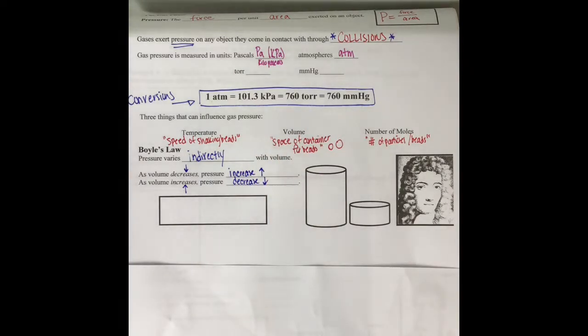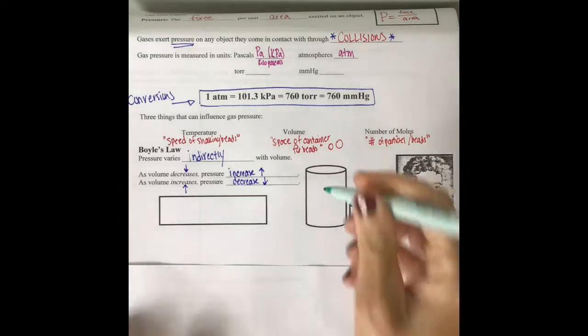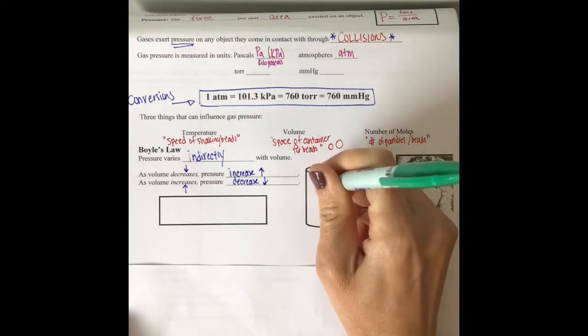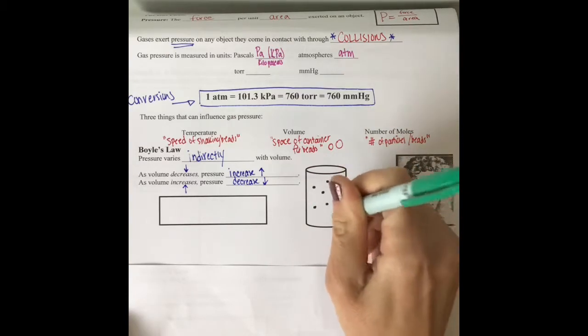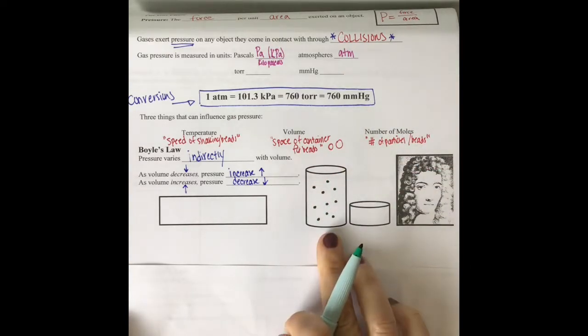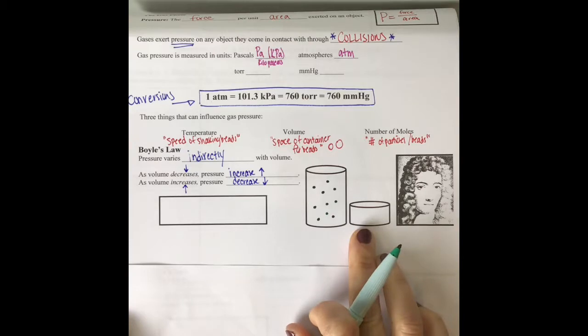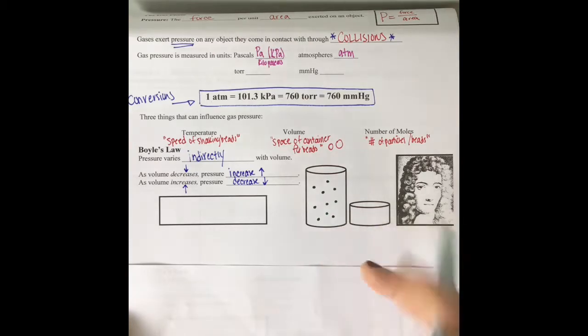And what that would look like is you have a container, and let's say we have 10 molecules moving around. 4, 5, 6, 7, 8, 9, 10. Okay, well now I have the same 10 molecules, but they're in a much smaller container.